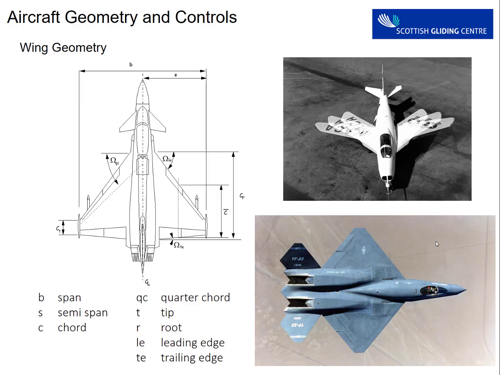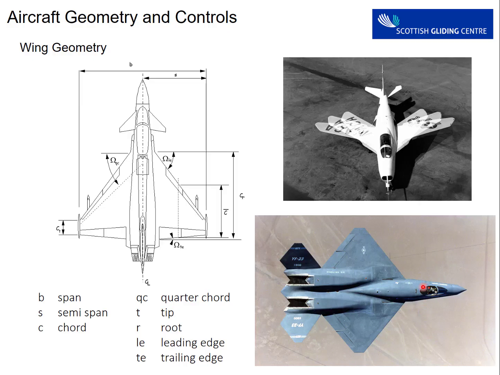But if I draw a line 25% back from the leading edge of the wing, I would see that the quarter chord sweep line is not actually swept very much. And so this wing, while highly tapered and with a large sweepback angle on the leading and trailing edge, is aerodynamically not swept because the quarter chord line is not swept back.